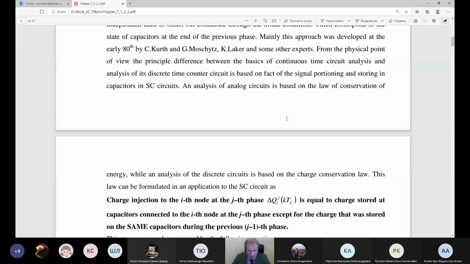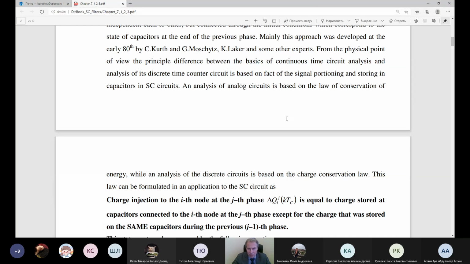And there is one very serious difference. If we are talking about a discrete time circuit, another approach should be used. In our case, it is the law of conservation of charge. В данном случае, вот когда мы говорим про схему на переключаемых конденсаторах, речь идет о законе сохранения заряда, а не энергии. Обратили внимание, вот это момент принципиально важный.